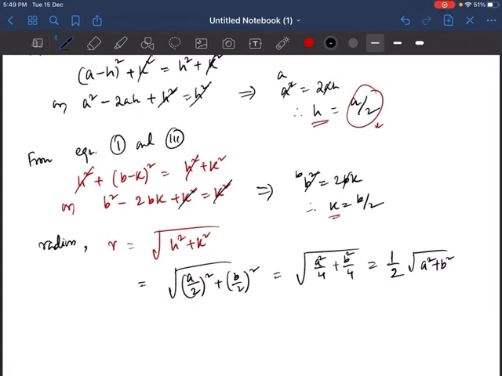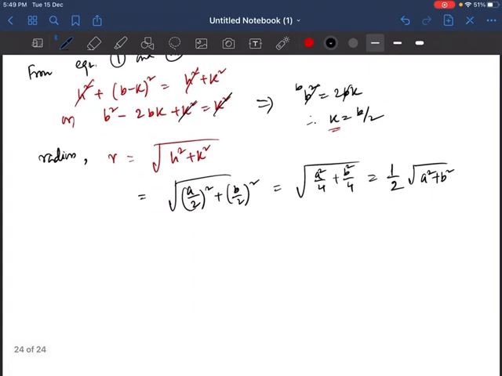Now we can easily get the equation of the circle. So hence the equation of the circle, what was that? It was x minus h whole square plus y minus k whole square is equal to r square.